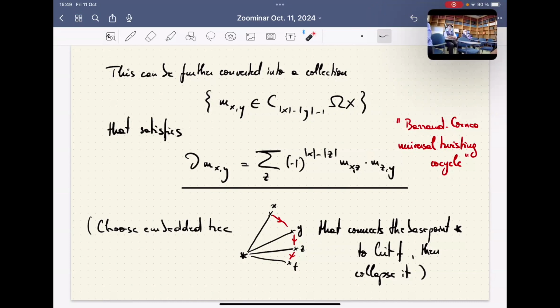In practice, to turn those paths into base loops, it's enough to pick a tree that runs from the base point to the various critical points. If we collapse that tree, any path becomes a loop. This collection I call the Barraud-Cornea universal twisting cocycle.